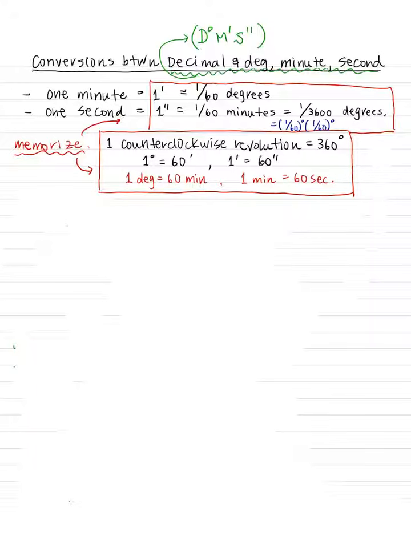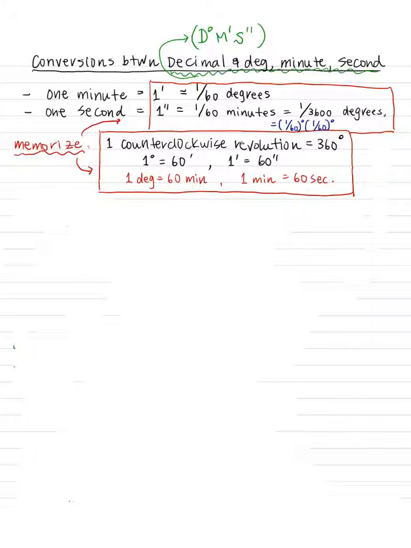And 1 second is 1 over 60 minutes, which is 1 over 60 degrees times 1 over 60, which will give us 1 over 3600 degrees. Please also memorize that one counterclockwise revolution is 360 degrees, 1 degree is 60 minutes, and 1 minute is 60 seconds.